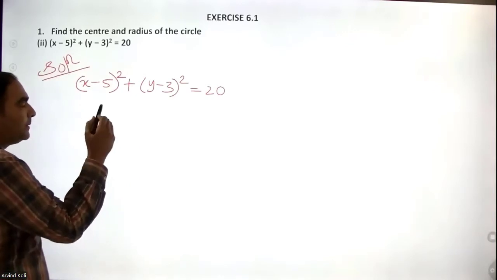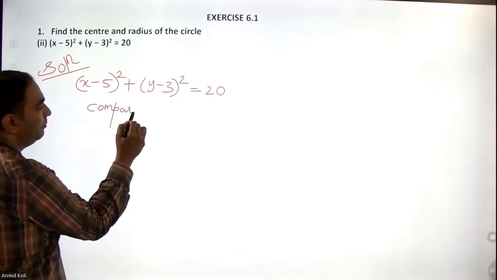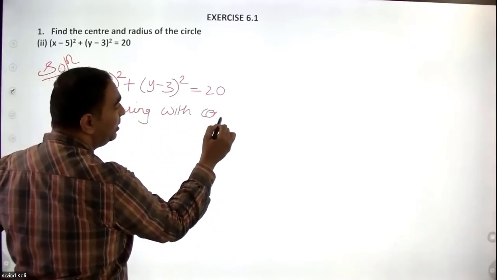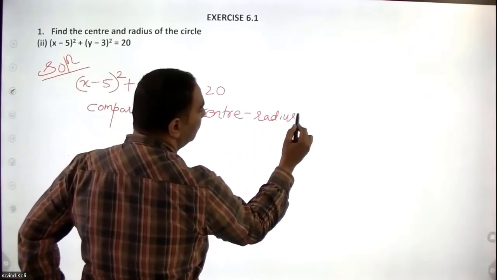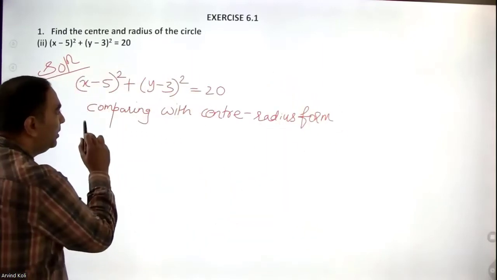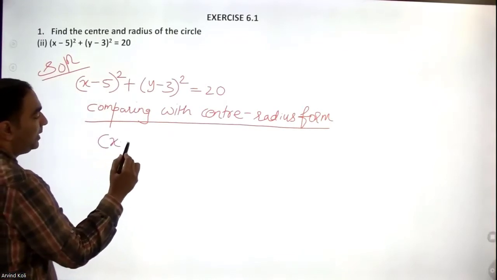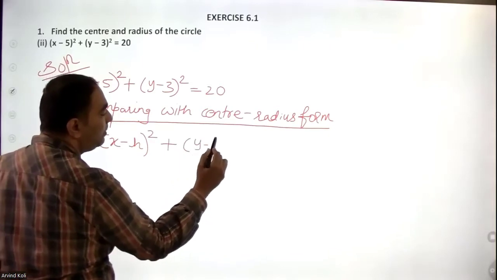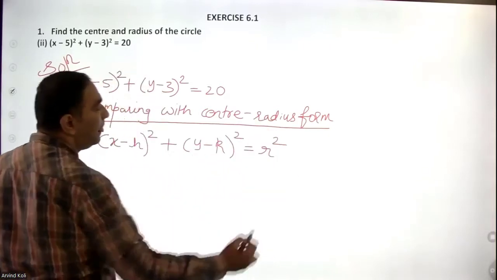Now, comparing this equation, we will compare this with center radius form. Now, do we remember our center radius form? Yes. It is x minus h the whole square plus y minus k the whole square is equal to r square.